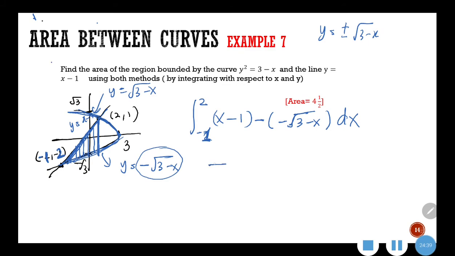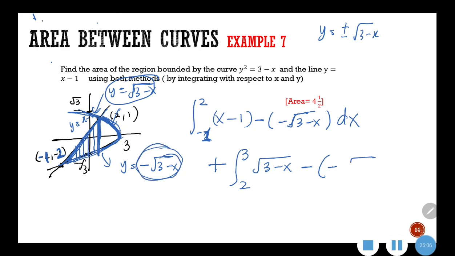Then plus the integration from x equals 2 to x equals 3. The upper and lower curves are the same curve with different polarity. The upper is the square root of 3 minus x, minus the lower, which is minus the square root of 3 minus x.